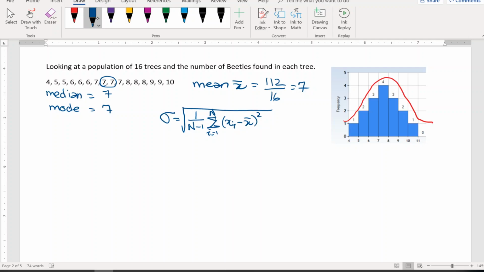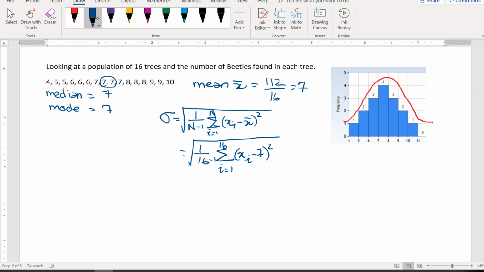Here our n is 16, so this becomes 1 over 16 minus 1, which is 15, and we want to sum from 1 to 16 all the values in our data set minus the mean of 7 and then square them. Let's start with this part and then we'll add them.